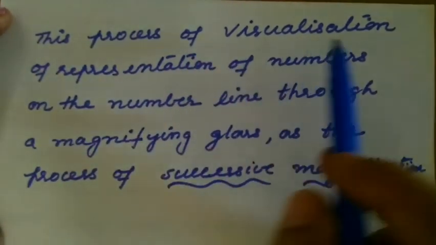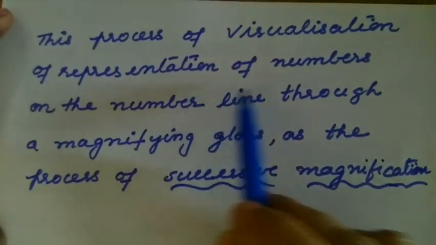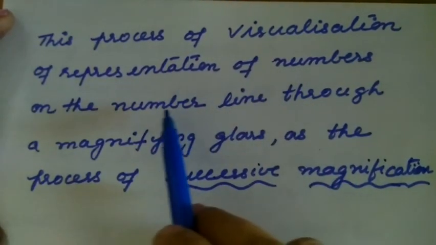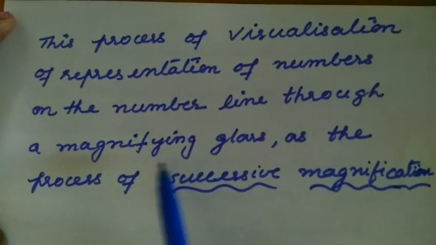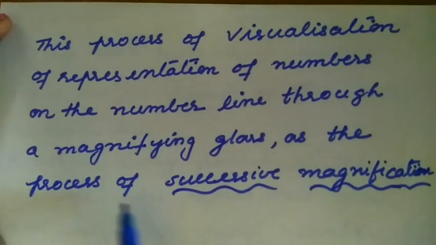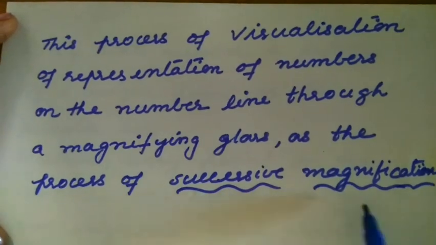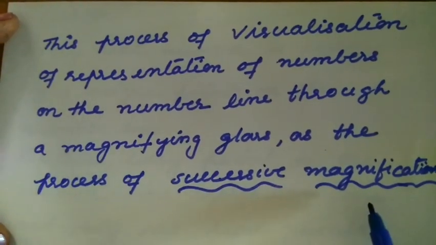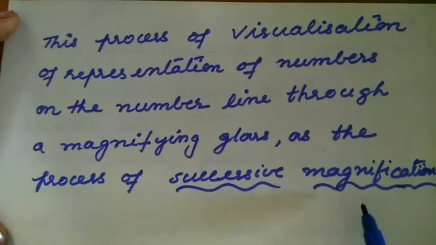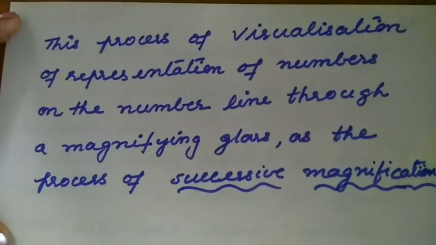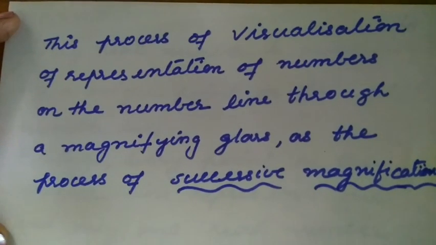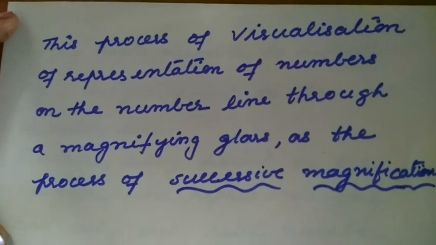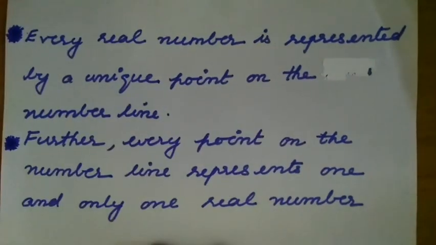So this process of visualizing the representation of numbers on the number line through a magnifying glass is known as successive magnification. Through this, we can locate any rational or real numbers on the number line.